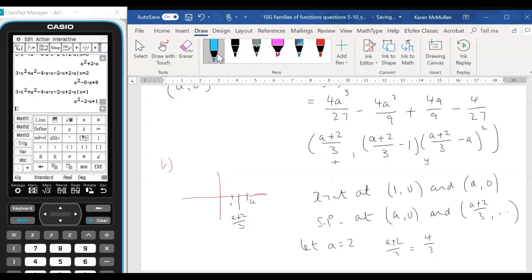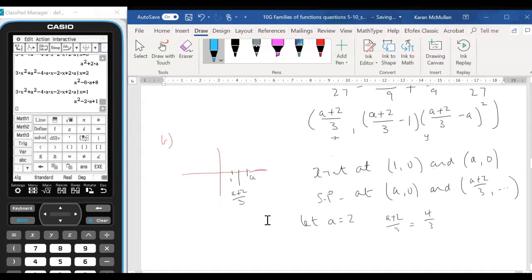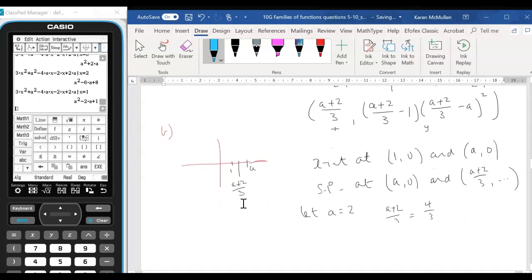All right, so I know that my graph has to have a repeated factor at a, it also has to go through the axis at 1, and I have to have a stationary point at a plus 2 over 3. So what is my y coordinate at a plus 2 over 3?